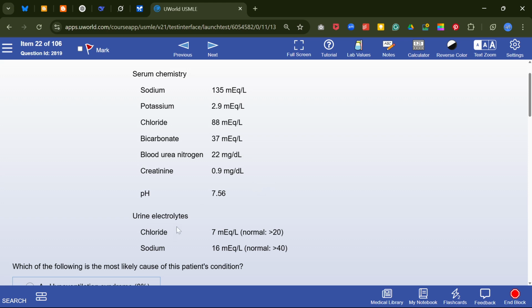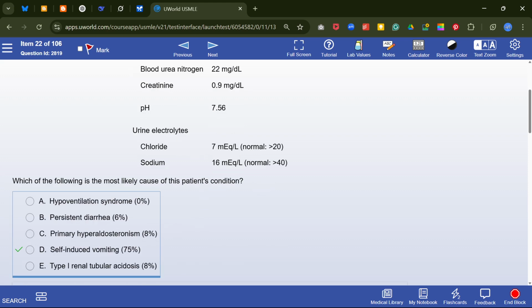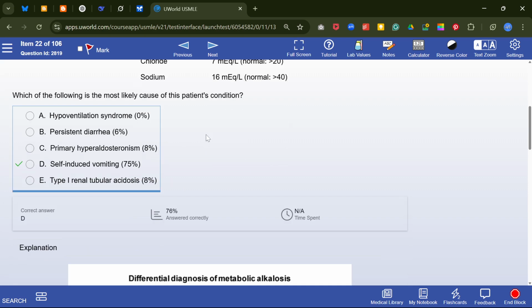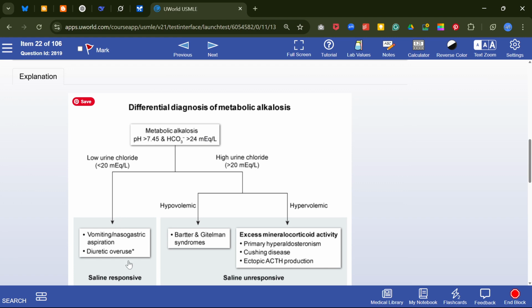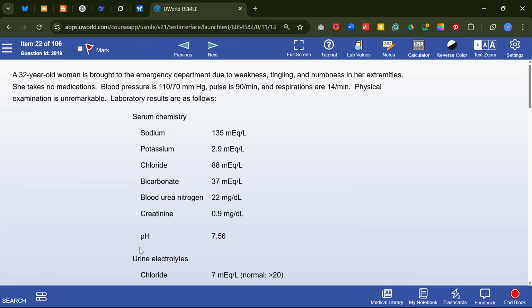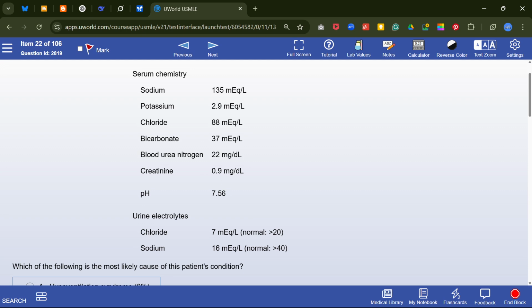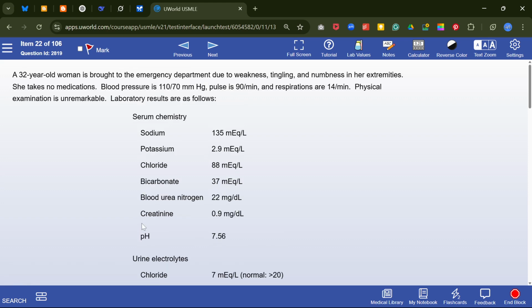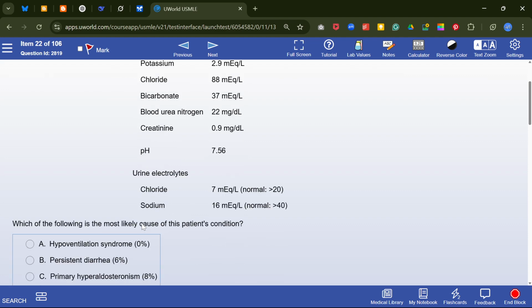As urine chloride is low, it is saline responsive. It may be due to vomiting, aspiration, and diuretic use. So metabolic alkalosis, then urinary chloride: low urine chloride means saline responsive.